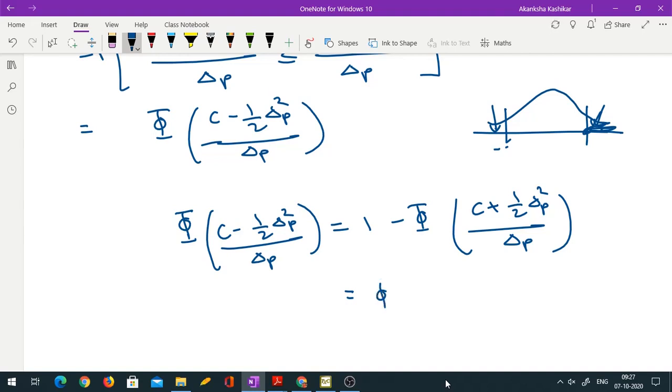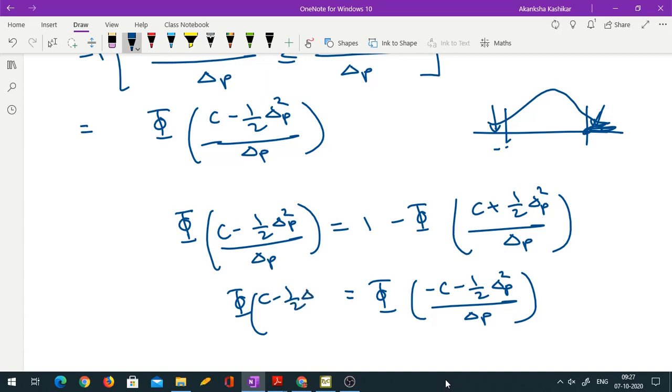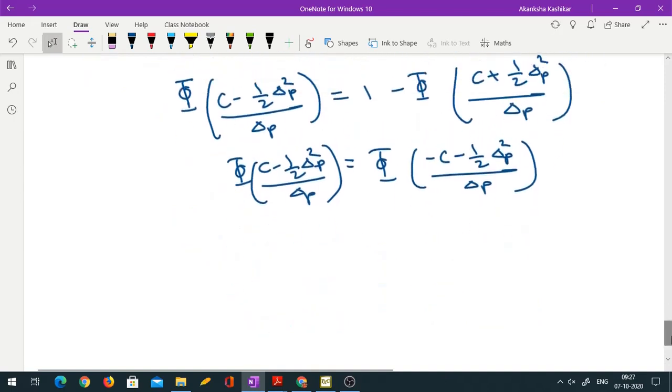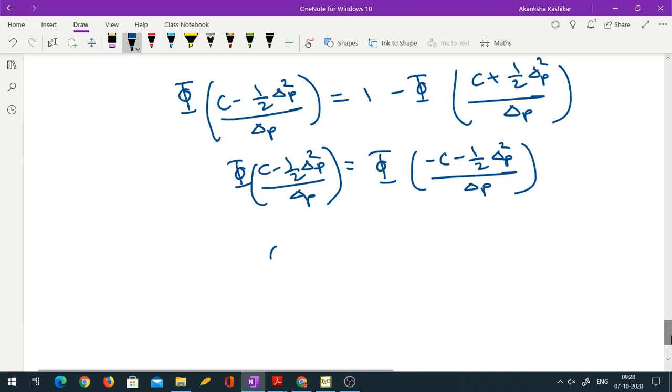So this is the same as phi of minus (c minus half delta square p upon delta p). Now that I have phi on both sides, the CDFs are equal only if the points are equal.